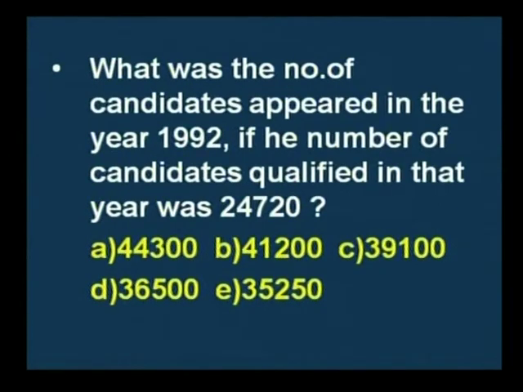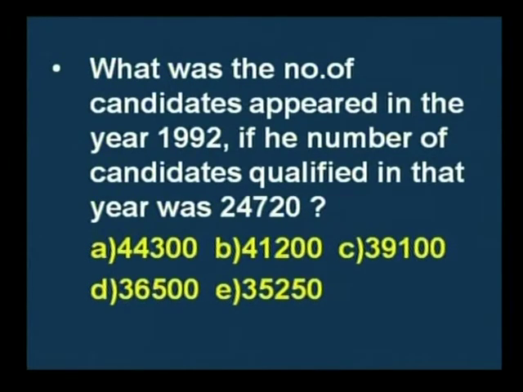So మనకి ఇక్కడ ఏమి ఇచ్చాడండి ఈ క్వశ్చన్లో, what was the number of candidates appeared in the year 1992 if the number of candidates qualified in that year. సో ఇక్కడ మనకి క్వాలిఫైడ్ ఫిగర్ ఇచ్చాడు. క్వాలిఫైడ్ ఫిగర్ ఈస్ 24720. సో నౌ you just look at the graph.